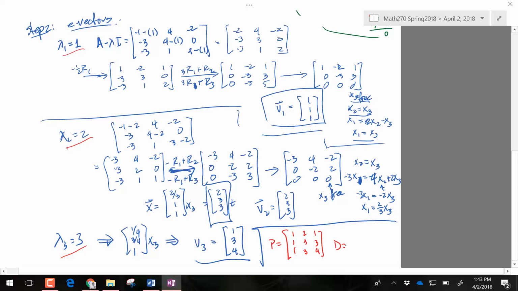And then our diagonalized matrix, if we write this in order, is 1, 2, 3. So if we find the inverse of P, multiply P times D times P inverse, then we should get the original matrix A. So this was in fact diagonalizable, and this is step 2, step 3, and step 4.